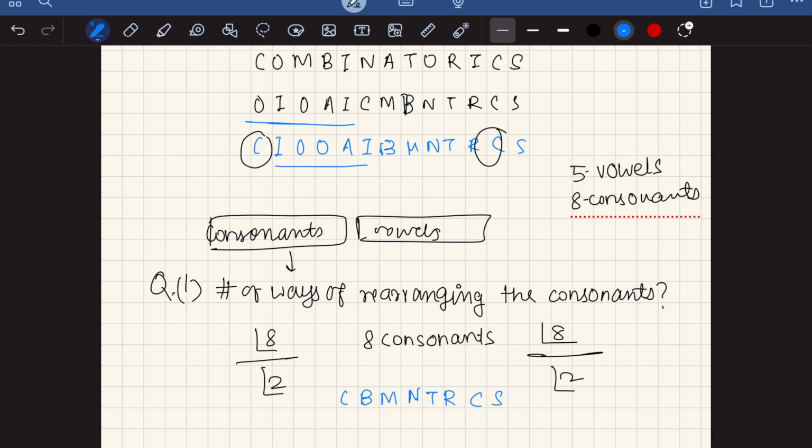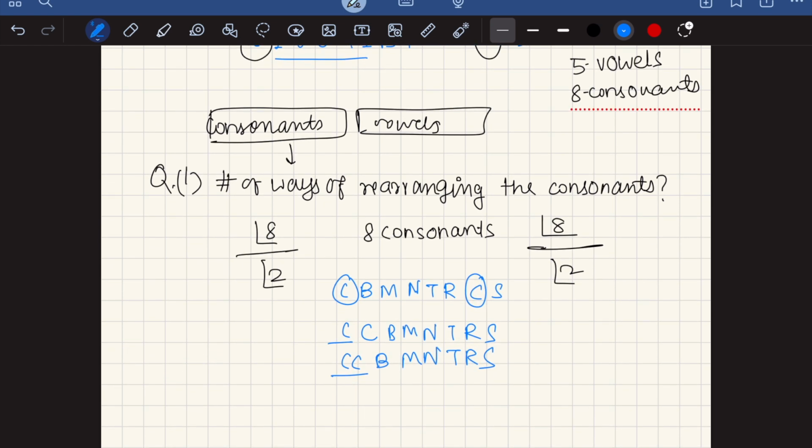But notice that this C and this C are repeated, so you don't want to count these repetitions. They are getting overcounted in the factorial, because it cannot distinguish between this C and this C. So we are overcounting by a factor of 2, and that's why we are dividing by a factor of 2.